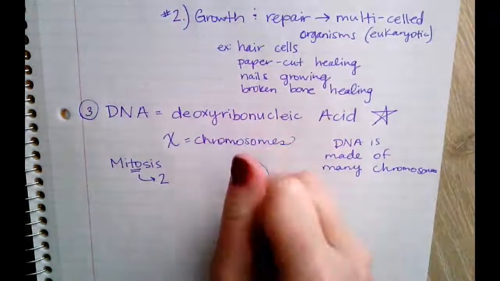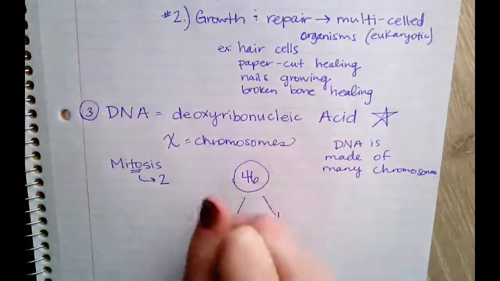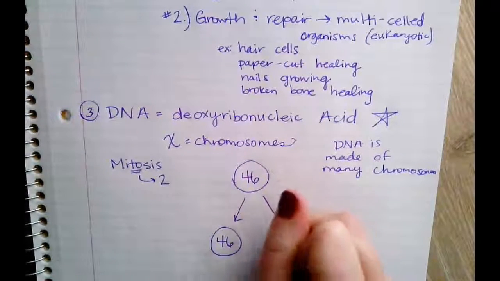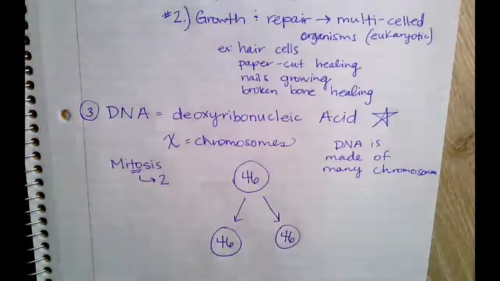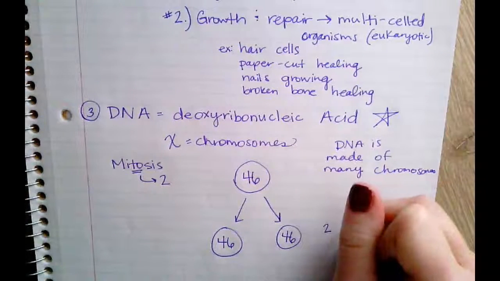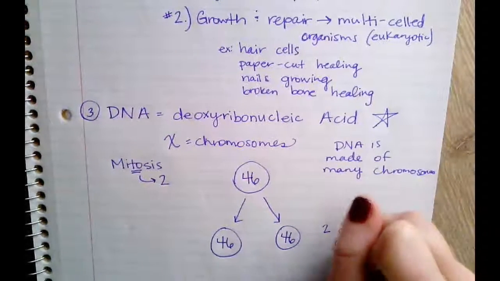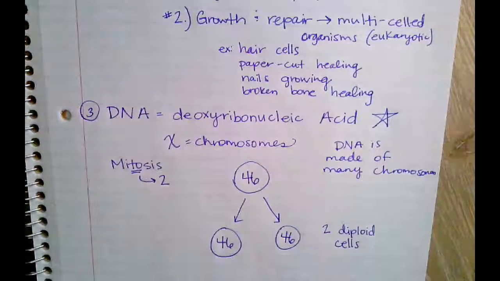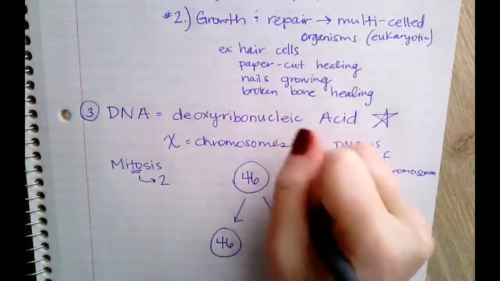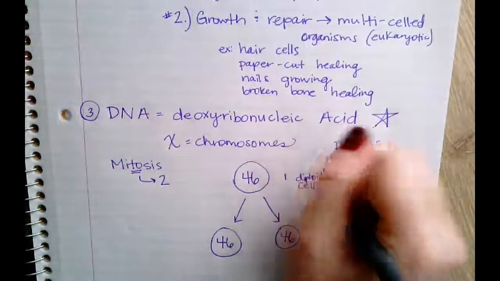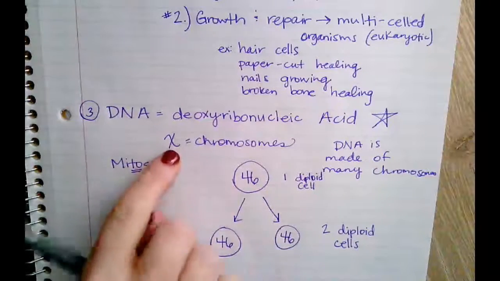If humans start with 46, the cells are going to go through a cycle that we're going to talk about next, and we're going to get 2 new identical diploid cells. We started with 1 diploid cell, which means we have 46 of these chromosomes.